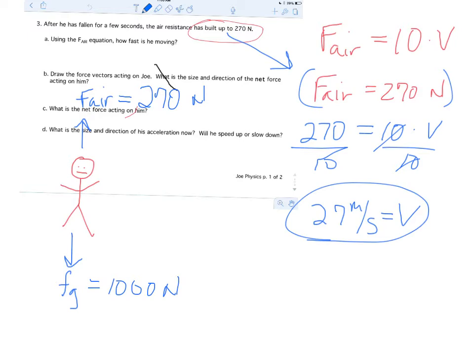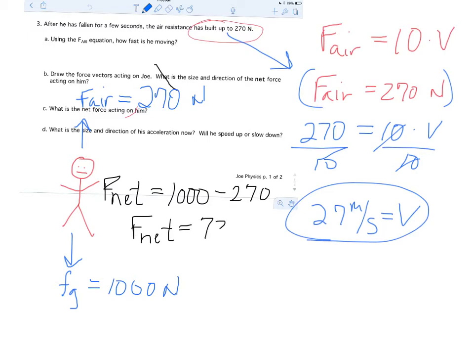So if I want to know my net force, I'm going to take 1,000 and subtract 270. And now I know that my net force is 730 newtons. So that would be part B, or part C. Part B was to draw the vectors, part C was to just find the net force.